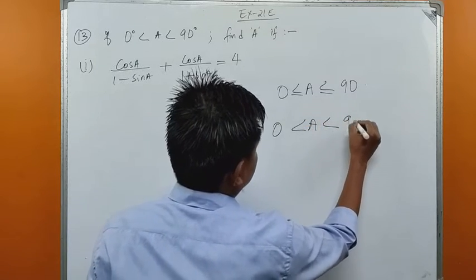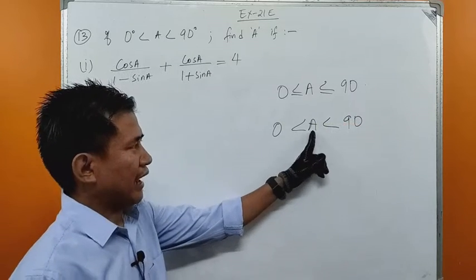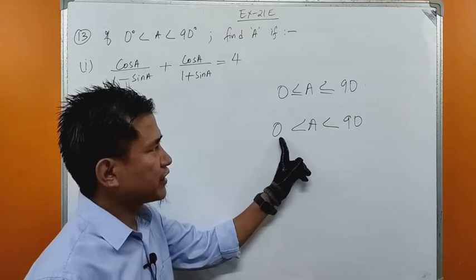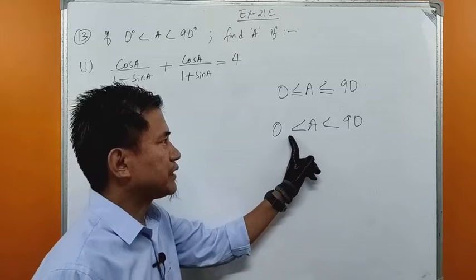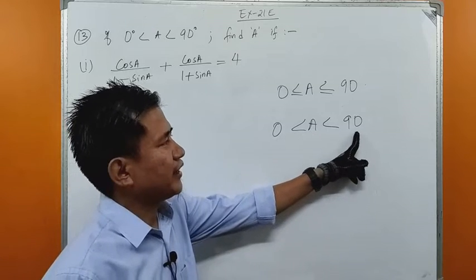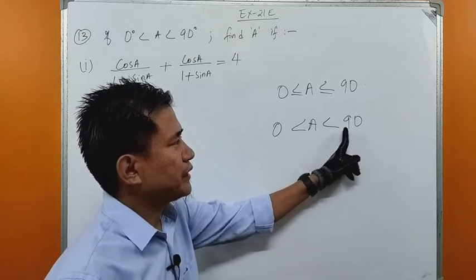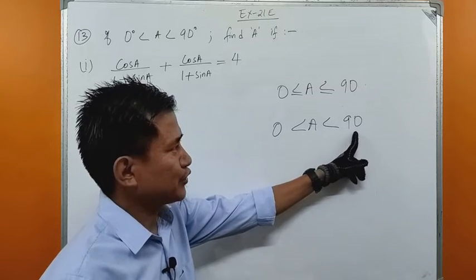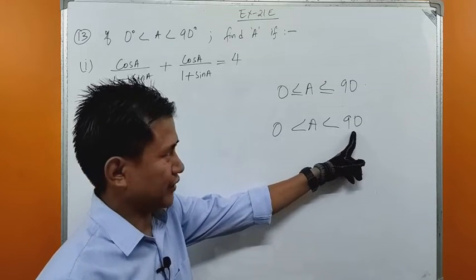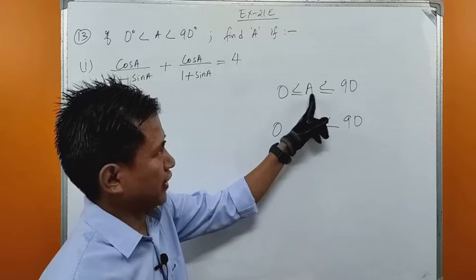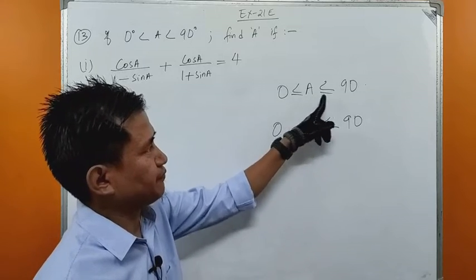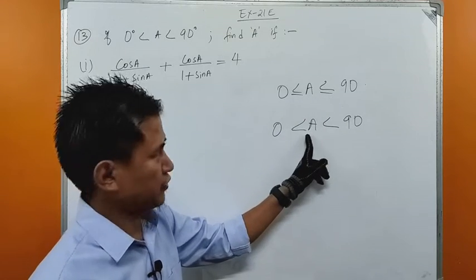If this is the condition, this means angle A cannot be 0 degree, angle A should be greater than 0 degree, and here angle A should be less than 90 degree. Angle A should not be equal to 90 degree, okay? Here we have the equal to symbol, here we don't have equal to.